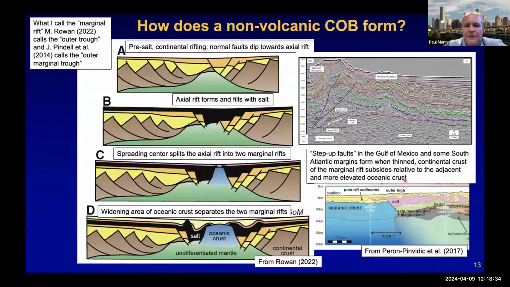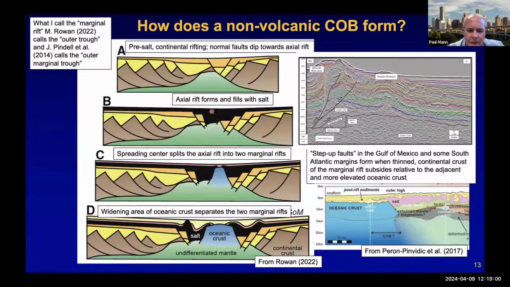So one other feature that I mentioned earlier, continent-ocean boundaries. I just want to take a minute to talk about how those form. If you think about it, we're going from thin continental crust, shown here in the brown, the mantle is green, to ocean crust down here. So how does that happen? Well, one idea, and Mark Rowan and others have talked about this also, is what we call marginal rifts.